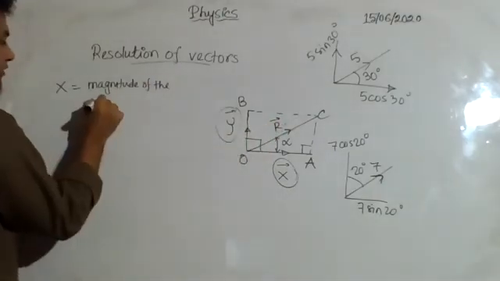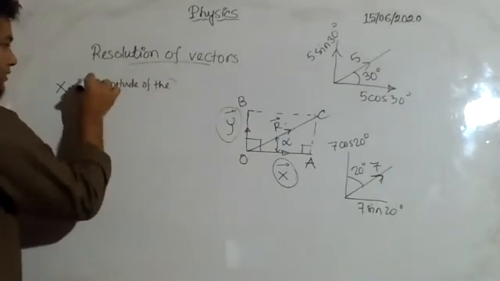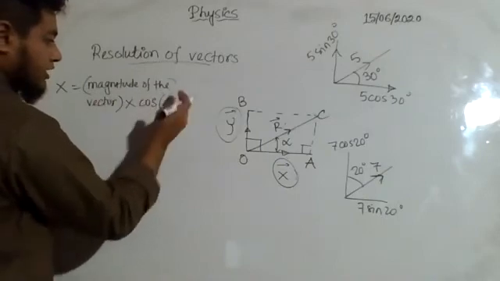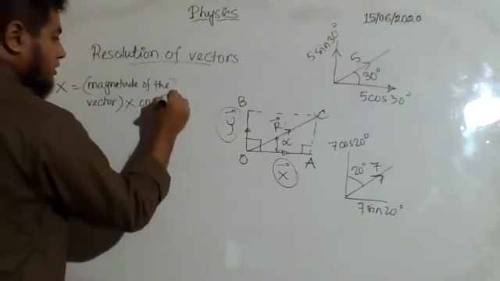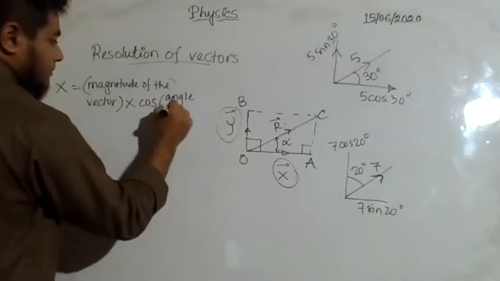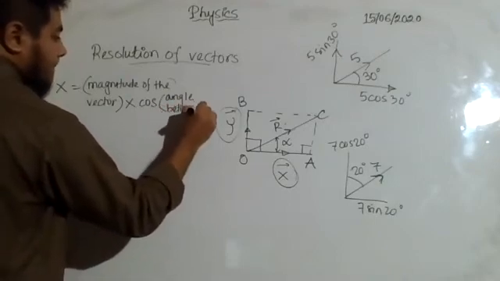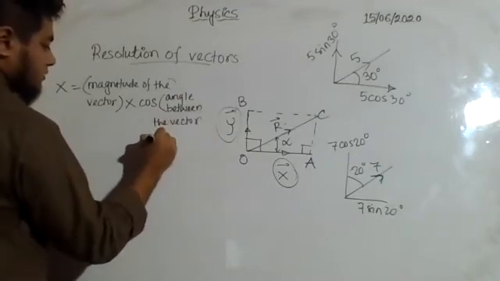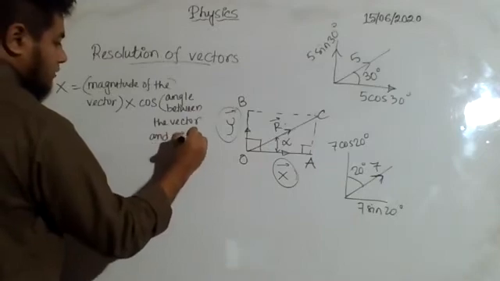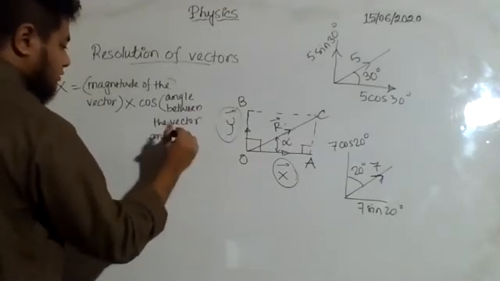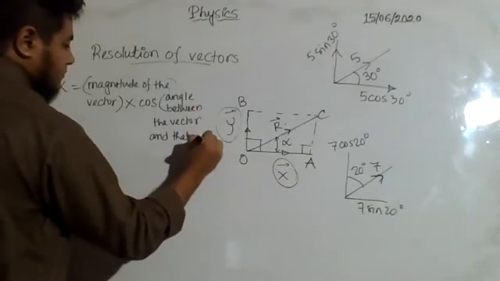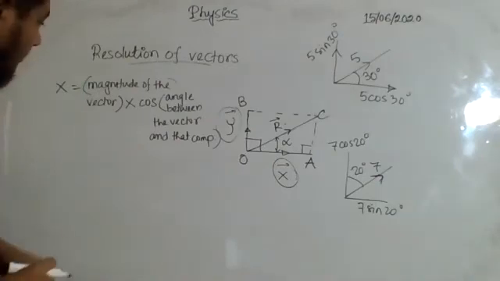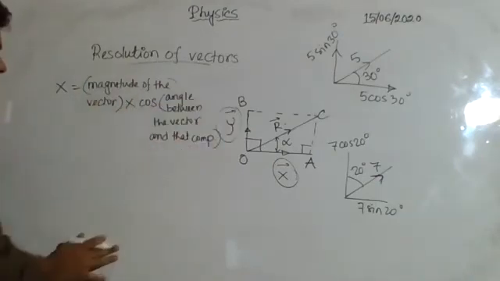So magnitude of the vector will be there, into cos, and after cos there is an angle, that angle will be the angle between the vector and that component. Now, this is the basic theory, okay?